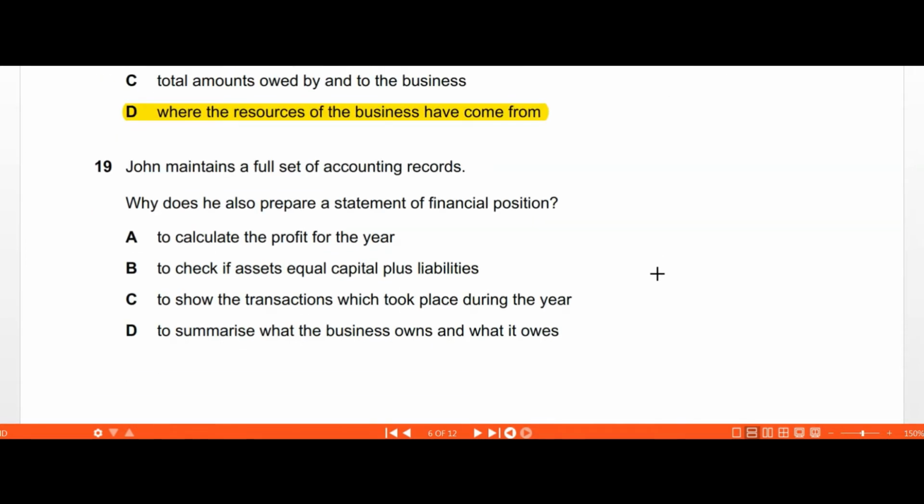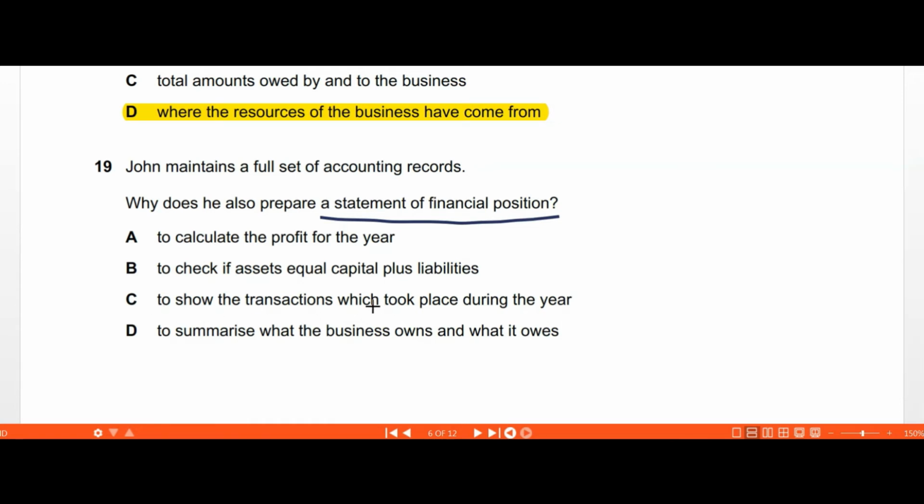Moving on to question number 19, John maintains a full set of accounting records. Why does he also prepare the statement of financial position? A, to calculate the profit for the year? No, that is what we use the income statement for. B, to check if assets equal capital plus liabilities? No, not really. That's not a good definition for the statement of financial position.